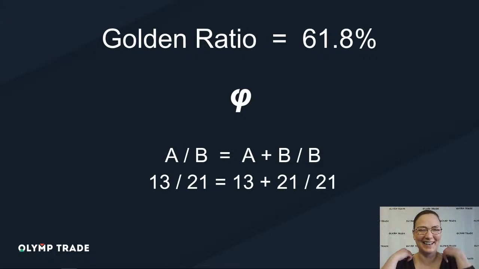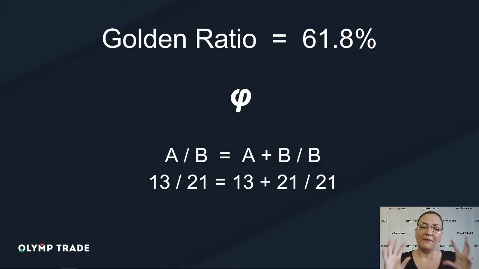I like that. Divine proportion. As you can see right here, the golden ratio is displayed as the Greek letter phi. Actually, in the Russian alphabet, it's the letter F. It looks exactly the same.